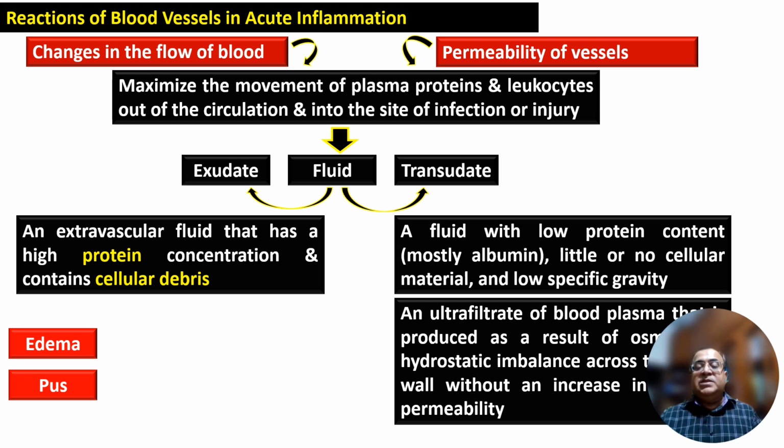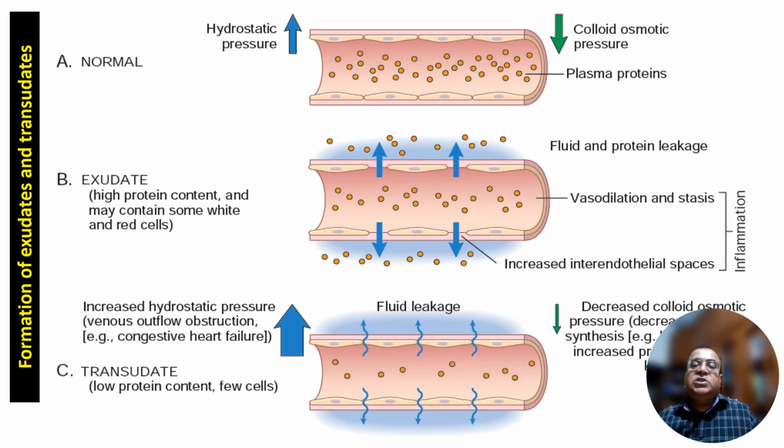So pus is comprised of leukocytes, debris of dead cells, and microbes. This picture is showing the mechanism in the development of exudate and transudate.